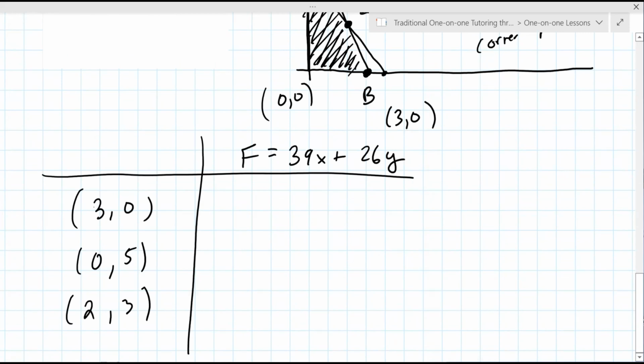So you have to put 3 and 0 in for x and y and come up with a number. Can you do that for me? You're putting 3 in for x and 0 in for y, then 0 in for x, 5 in for y. You're trying to figure out which one gives you the biggest value.